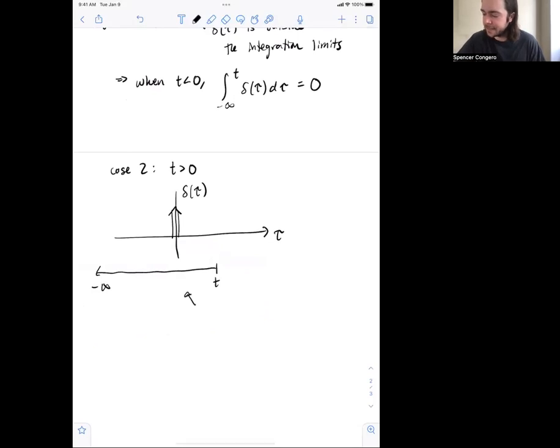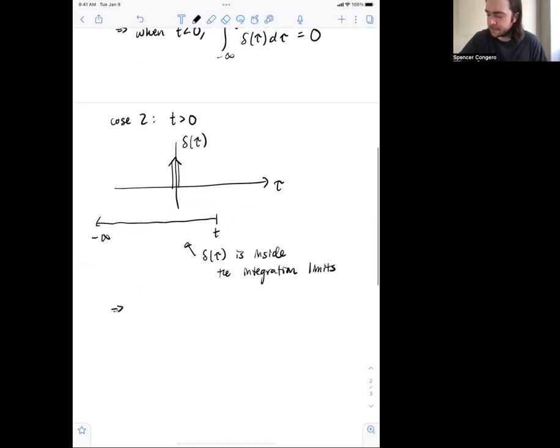And now we can see that the delta function is inside the integration limits. And so, of course, that means when t is greater than 0, what do I get for this integral? Well, now I am actually integrating across that delta function, and so I should get its area, which we saw in the previous video, as 1.